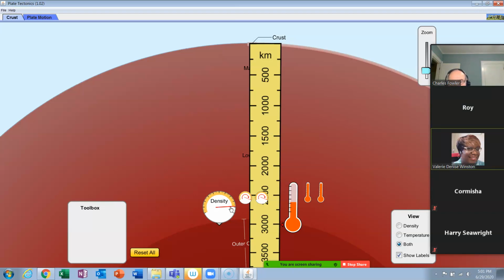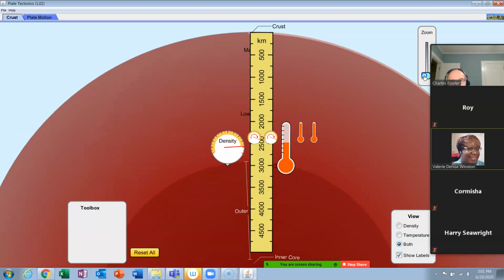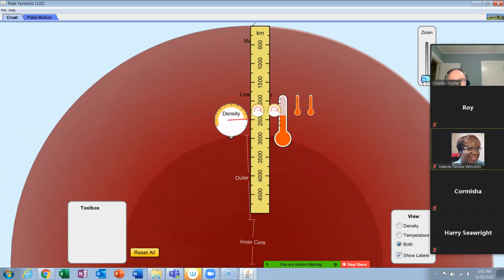Question 32. Expand the zoom to the max and move the ruler to estimate the thickness of the outer core. Okay, all the way to the max. Now I can't get my ruler to grow any, so we're kind of stuck. So move the ruler to the thickness of the outer core?